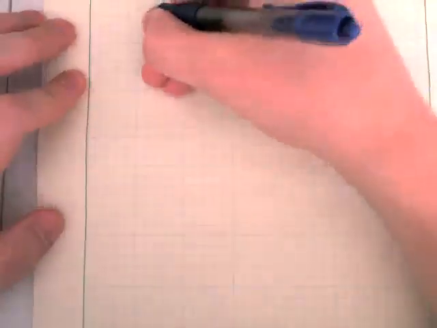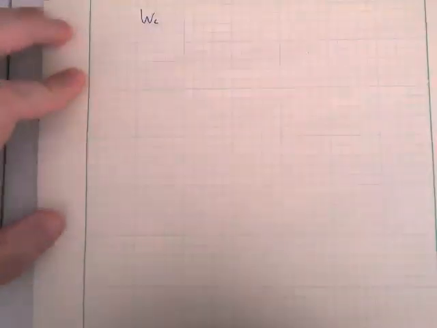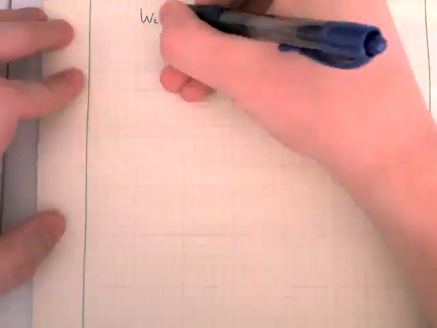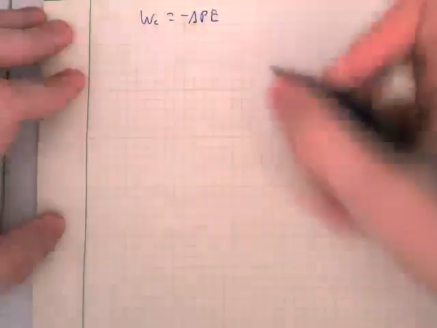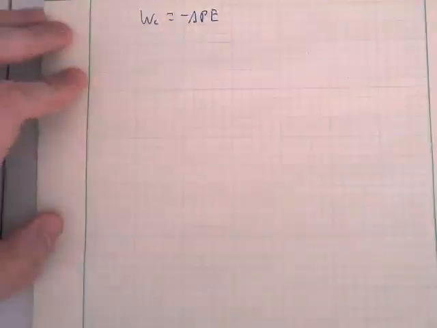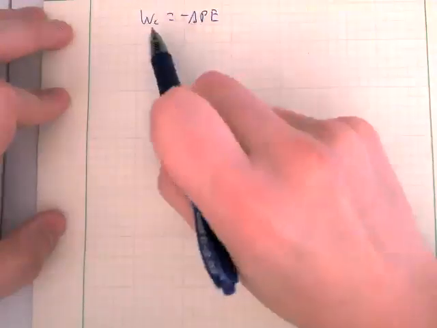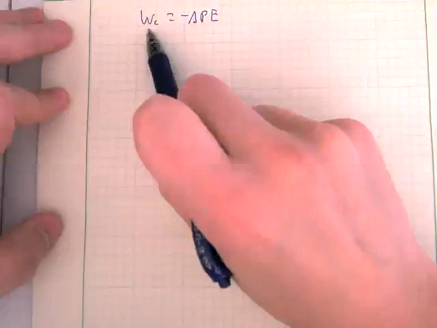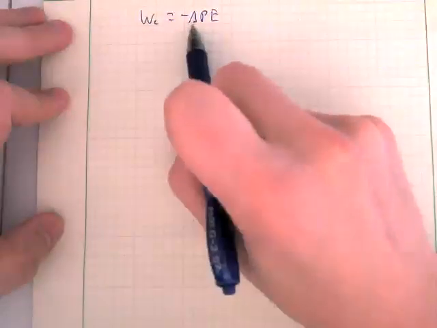Well, we can think of it this way. The work done by a conservative force, right, has to be equal to minus the change in potential energy, right? Whenever gravity is doing work or whenever the spring force is doing work, that means that there is already some gravitational potential energy or some spring potential energy that it's pulling from, right?